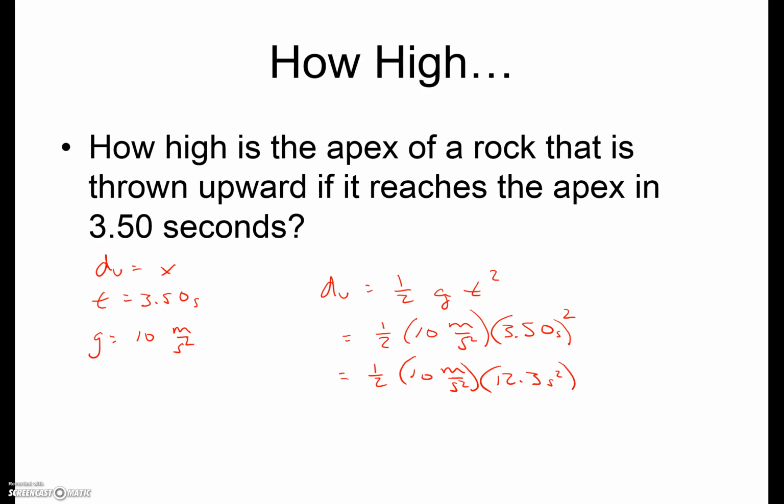Now we're going to multiply that by 10. We're going to divide it by 2, and we're going to get a vertical distance of 61.3 meters. That means if we were to throw a rock upward and it takes 3.50 seconds to reach its apex, its vertical distance will be 61.3 meters.